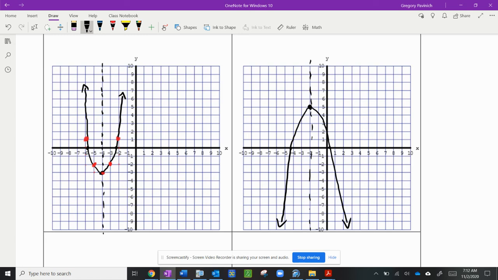Now, again, if I wanted to get some better points, I could go 1 away from my vertex, and I'm going to go the distance of 1. This time I would have to multiply by -1 because my a is -1. So that gets me down. If I went 2 away, I'd go 4. 1, 2, 3, 4. 2 away. 1, 2, 4. And that also gets my y-intercept. And I have my graph.